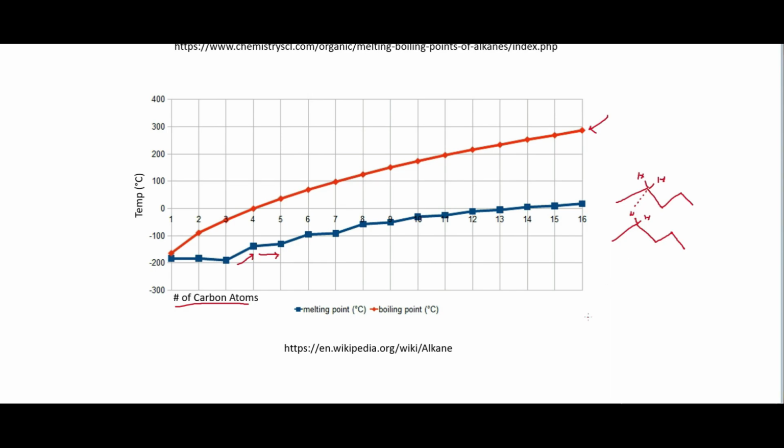Where then, if we get to say octane, so 1, 2, 3, 4, 5, 6, 7, 8. We have a lot more places where these transient interactions can happen between these, and so that will cause these to interact more easily, and that's what increases the melting and boiling points for these.